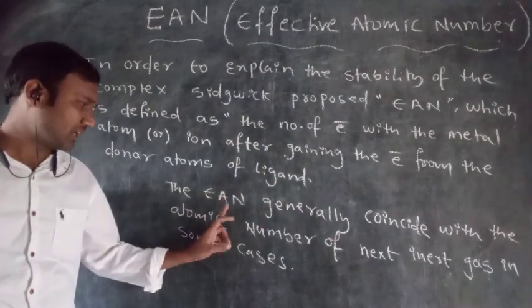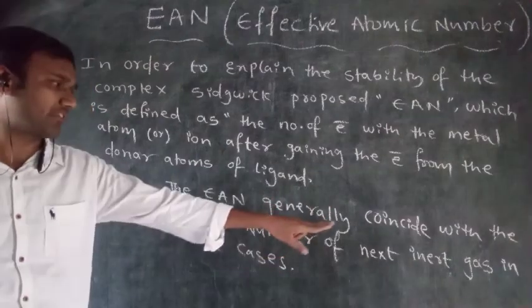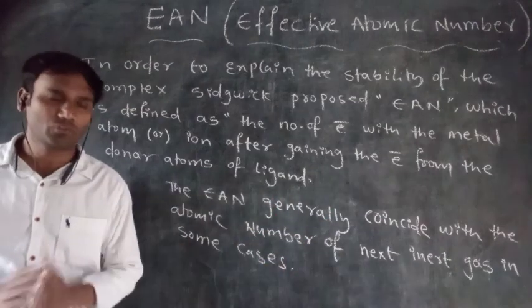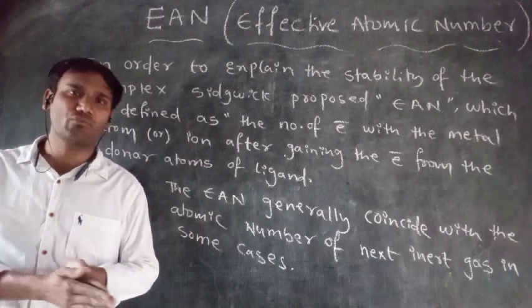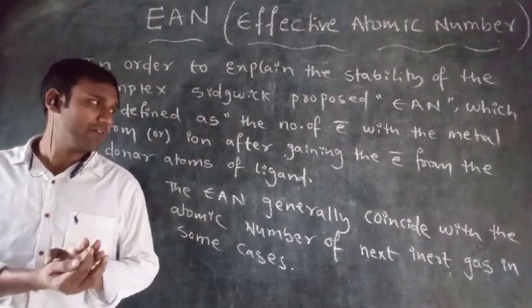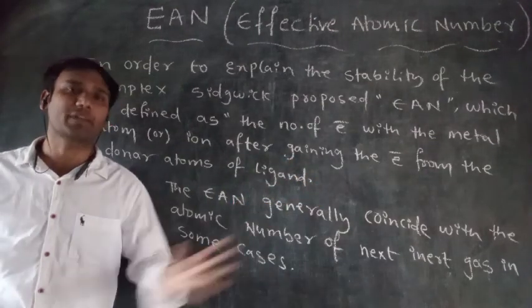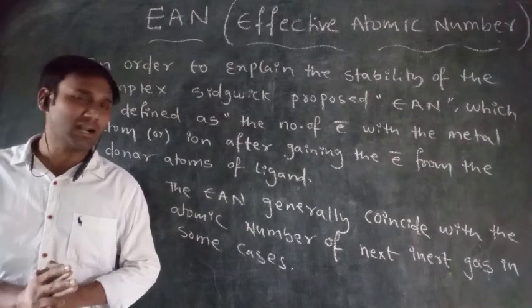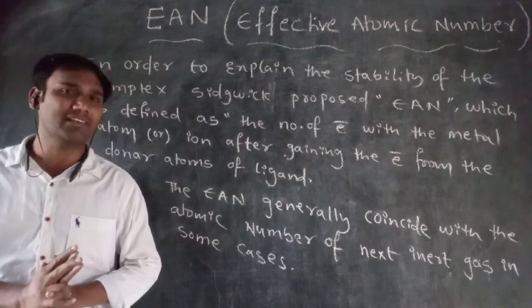Generally, the effective atomic number coincides with the atomic number of the next inert gas in some cases. When the central metal atom is accepting the electrons from the ligands, the number of electrons with the central metal atom sometimes is equal to an inert gas atomic number.